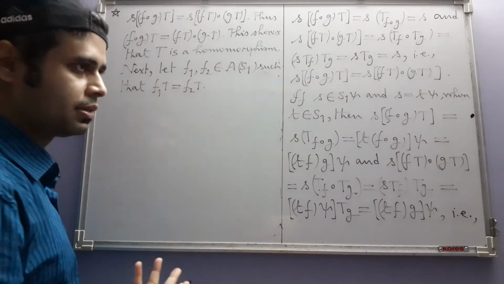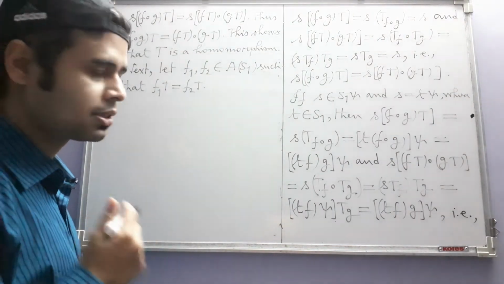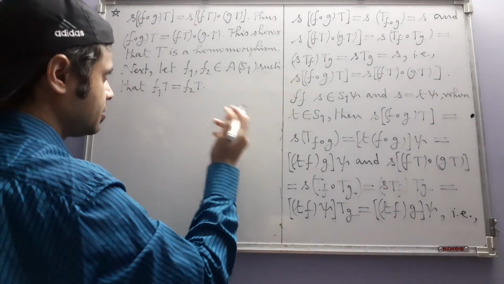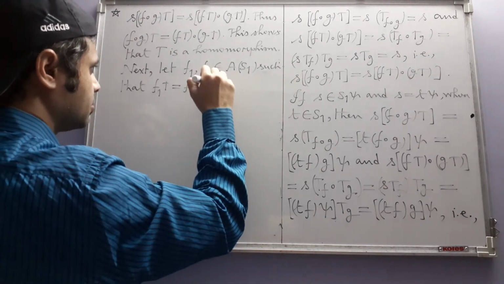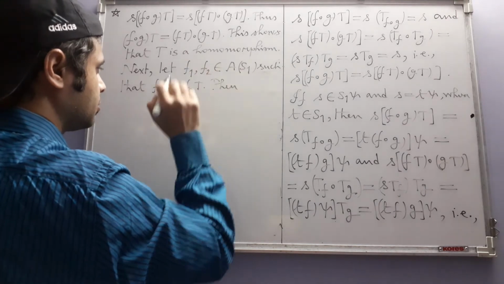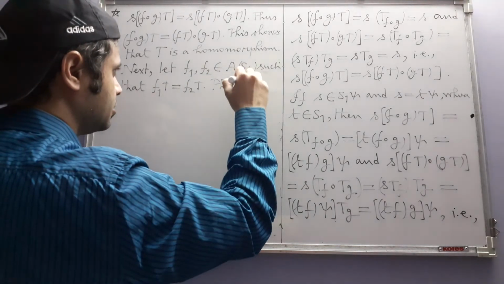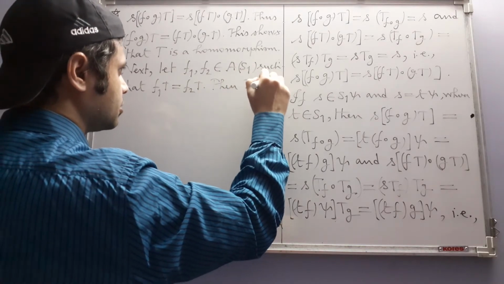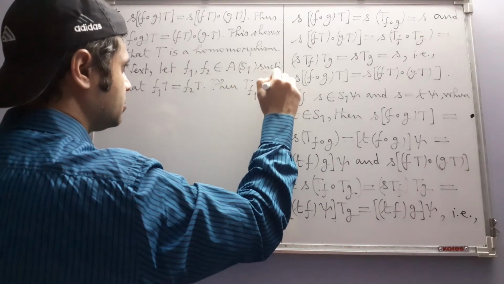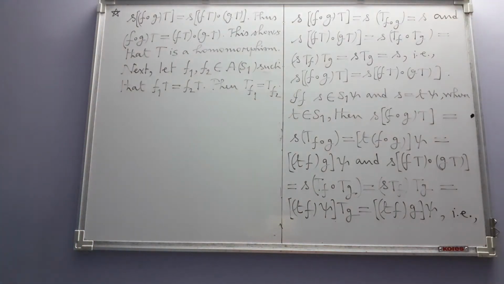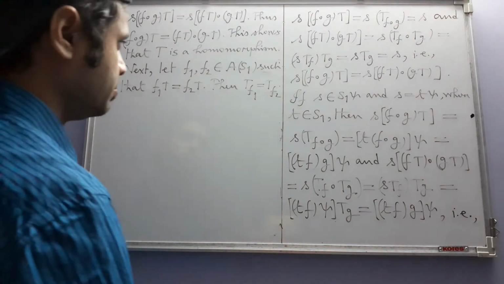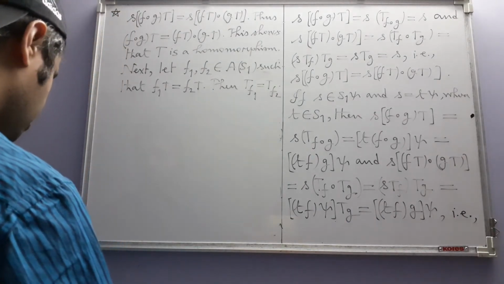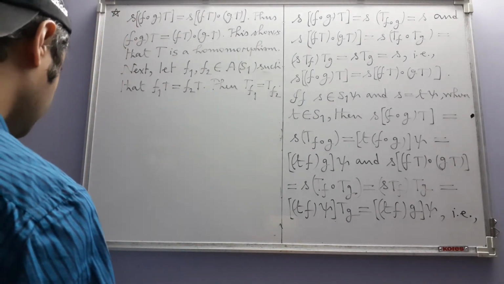We need to prove that the functions F1 and F2 themselves are equal. That would prove that T is 1 to 1 and hence an isomorphism. Then, by the definition of T, capital T, Tf1 is equal to Tf2. Okay. Now we need to show that F1 is equal to F2.